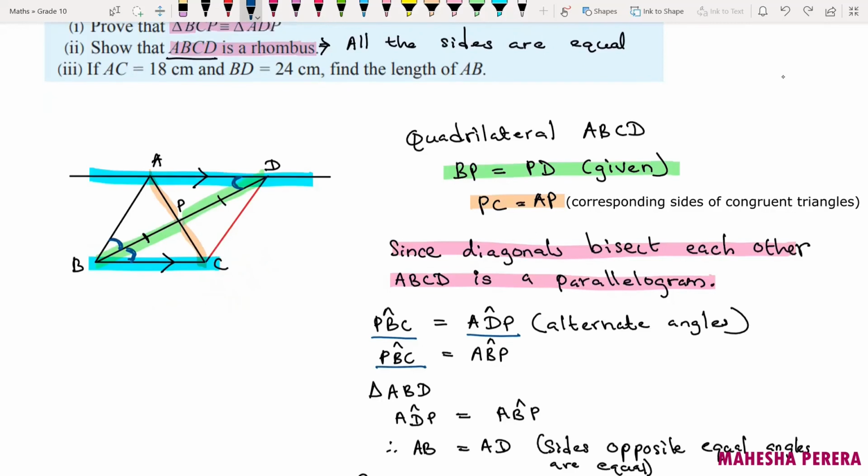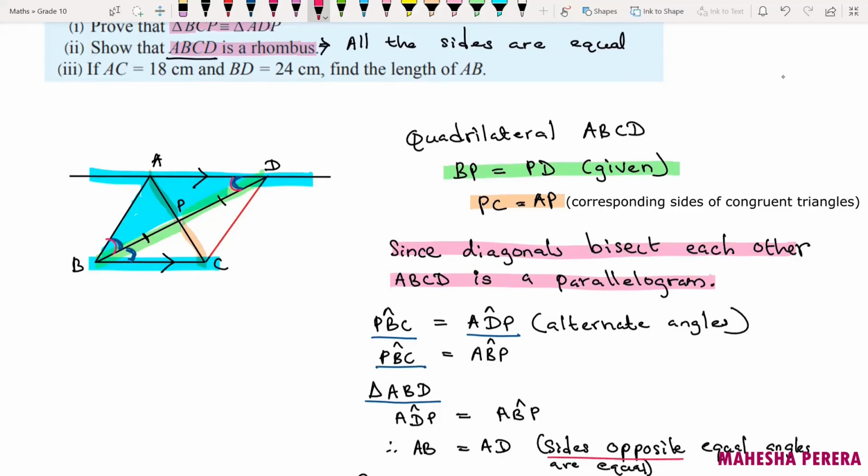Then when you consider the triangle ABD, where is our triangle? ABD is here, right? Can you see these two angles are equal? If these two angles are equal, their opposite sides should be equal, right? So what's the theorem?